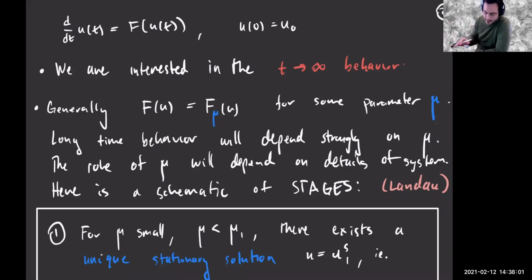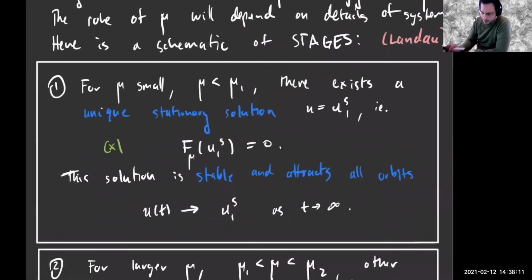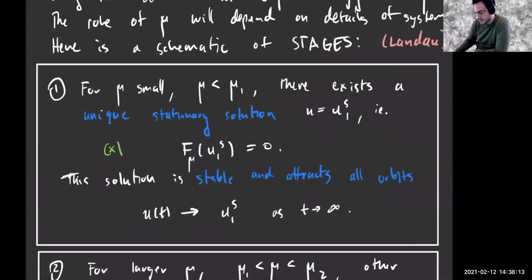And this cartoon is paralleled with something I'm going to prove rigorously, or at least outline the proof in the context of Navier-Stokes. Okay, so the first stage, if you will, is when this parameter mu is small, maybe smaller than some critical, let's call it mu1, the ODE has a unique stationary solution.